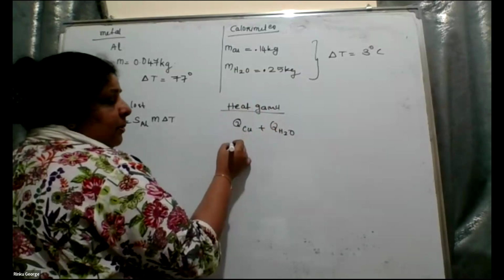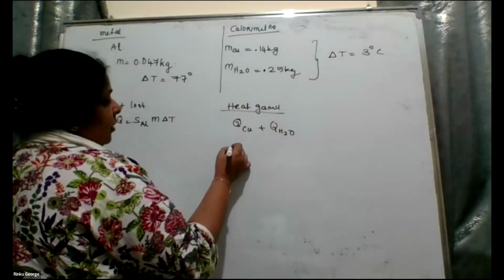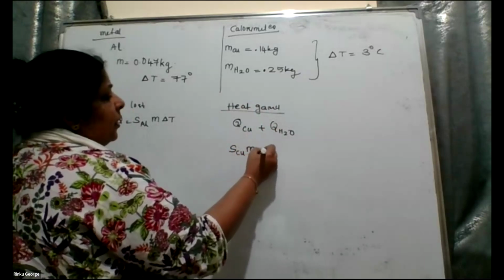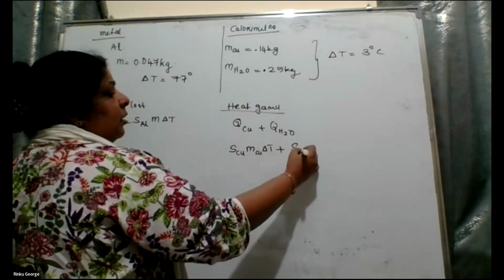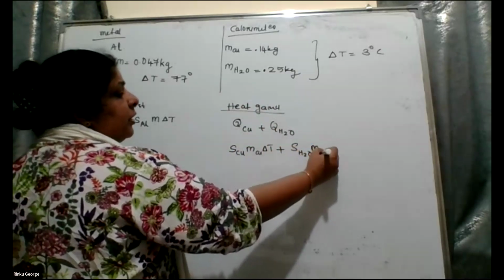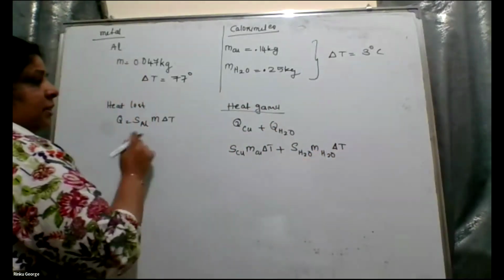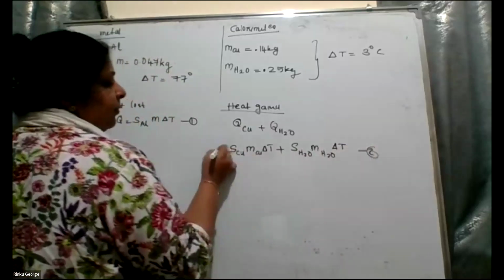So for copper it will be specific heat of copper into mass of copper into delta T, plus specific heat of water into mass of water into delta T. These two you will equate, that's it.